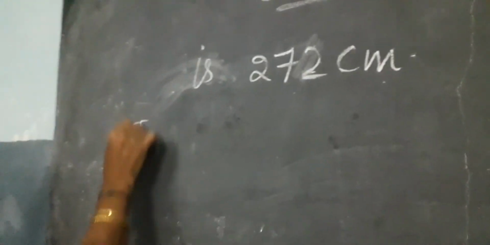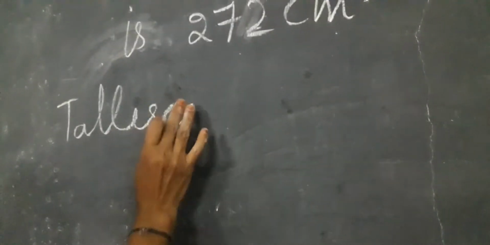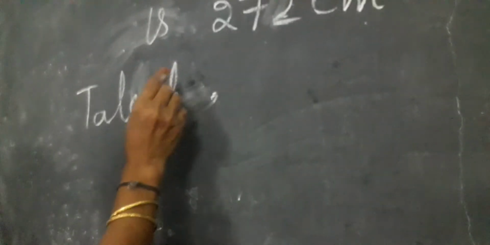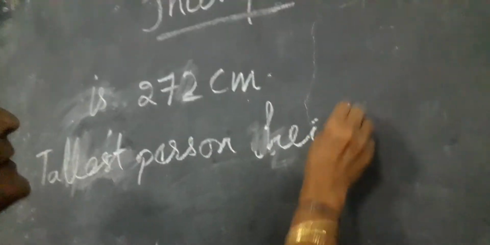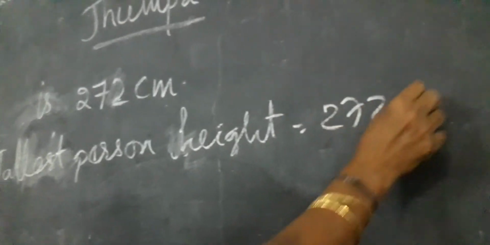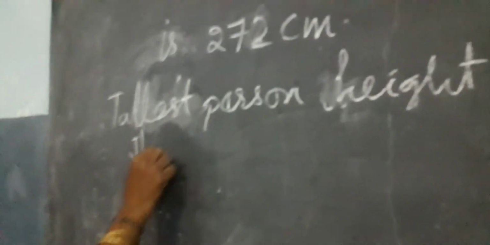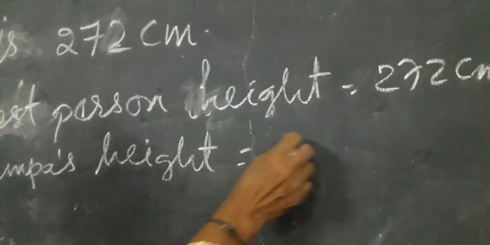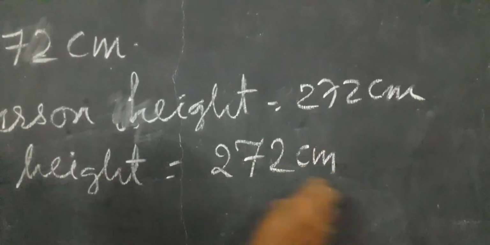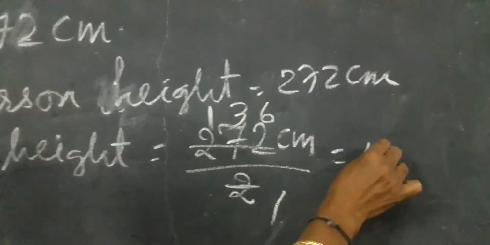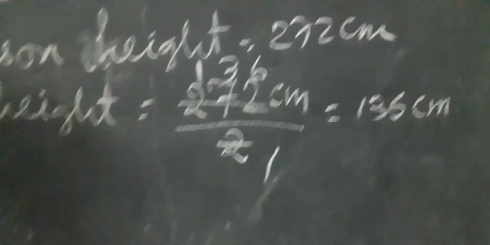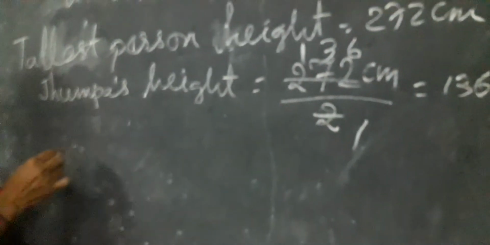You know the tallest person is 272 centimeter. Jhumpa's height is half of the tallest person. So you write 272 centimeter divided by 2. 2 1s are 2, 2 1s are 2, 2 3s are 6, 2 6s are 12. 136 centimeter. Jhumpa's height is 136 centimeter.